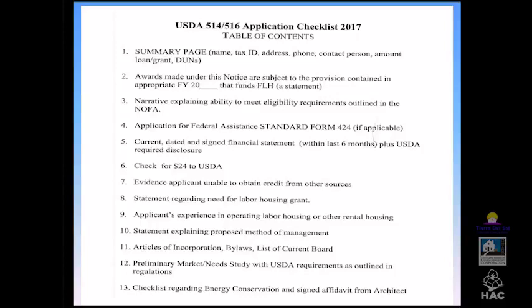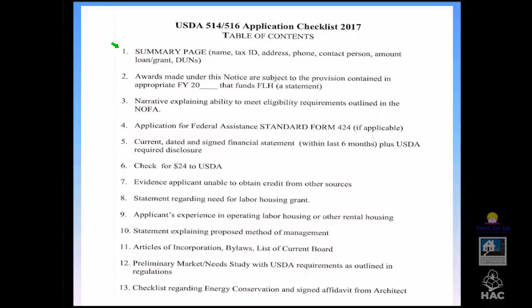So I'm not going to read this to you, but you can see the checklist and then here, it will have corresponding tabs, the tab cover pages that will go with this checklist so that you can assemble your application and make sure that you don't forget anything.